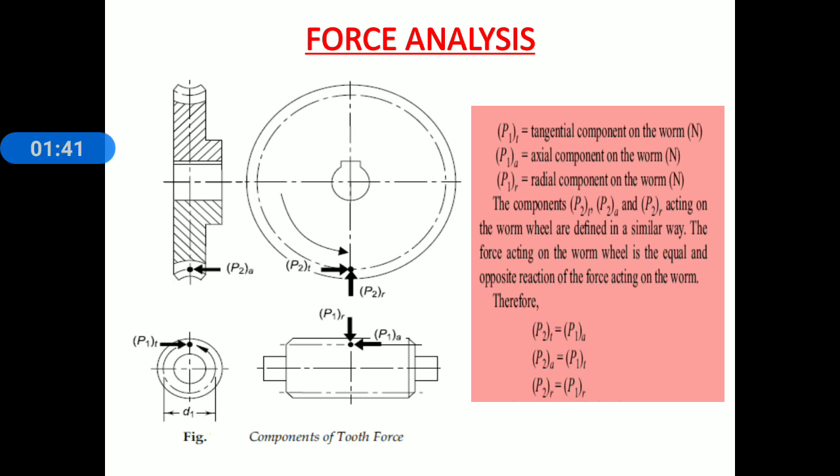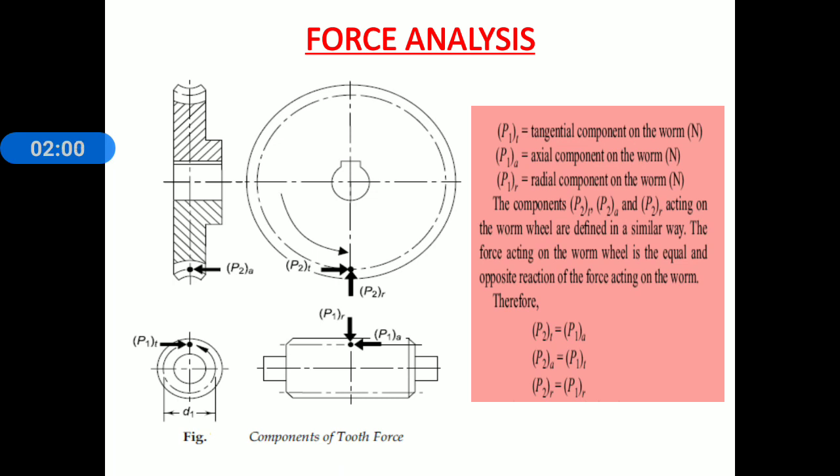Now everyone observe the figure which is shown on the screen. The three components of the gear tooth force between the worm and worm wheel are clearly shown in this figure.